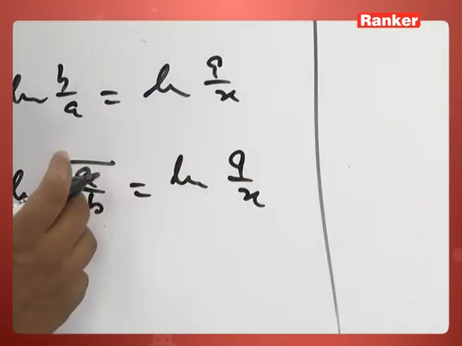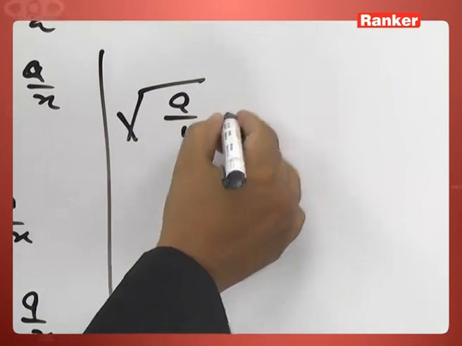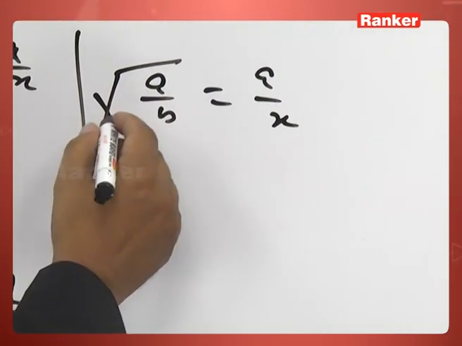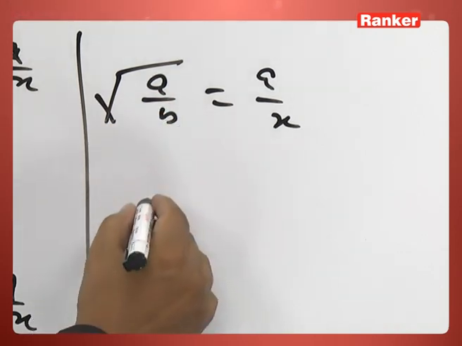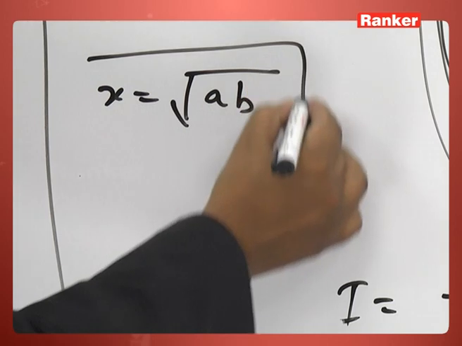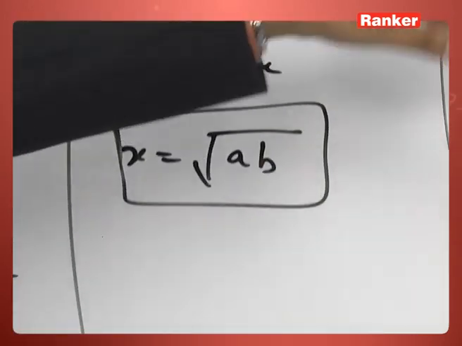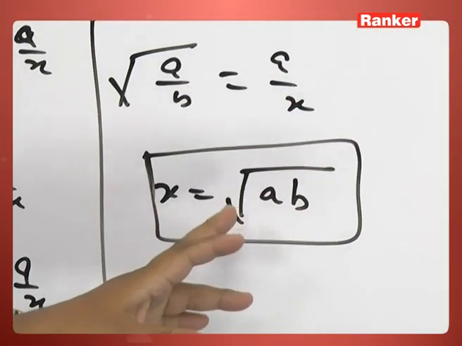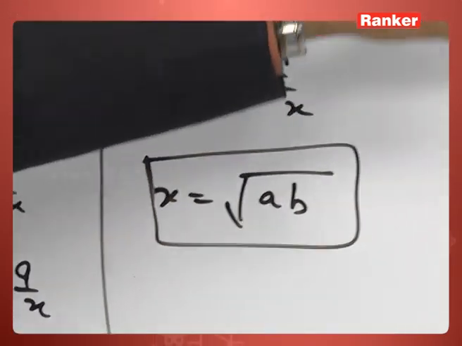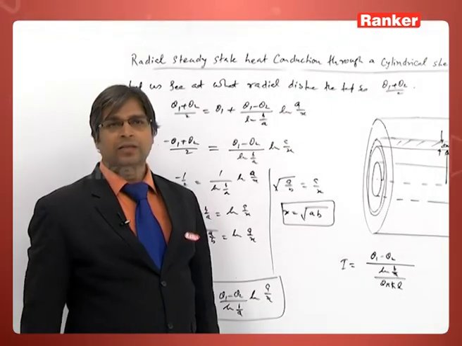If I compare these two sides, I will get A by root A by B is equal to A by x. So, you see this is root A, root B. So, x is equal to root A B. That means, x is the geometric mean of the inner and outer radii. So, when x is equal to root A B, then the temperature is the average temperature of the inner and outer radii.